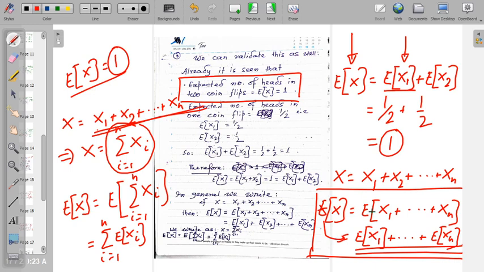Okay, so maybe half of the class is following, half of the class is not following. Half of the class is head, half of the class is tail.